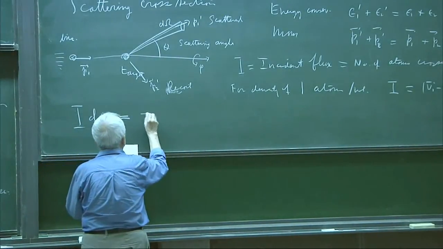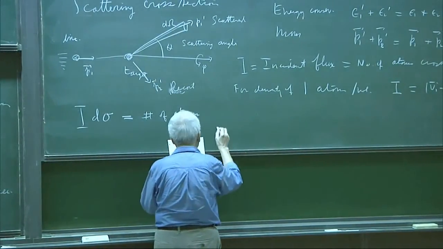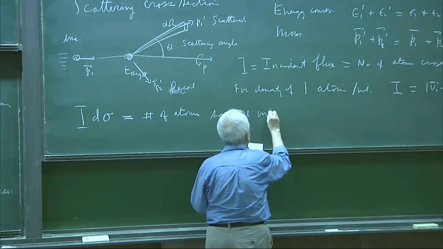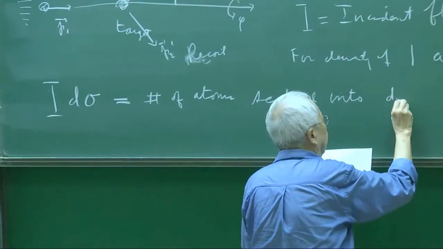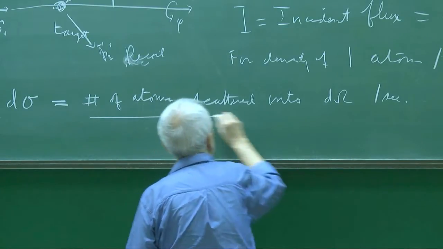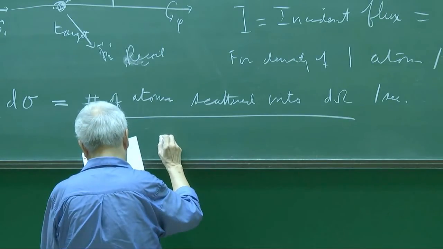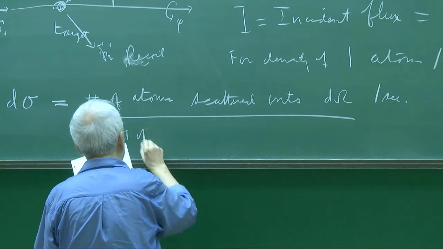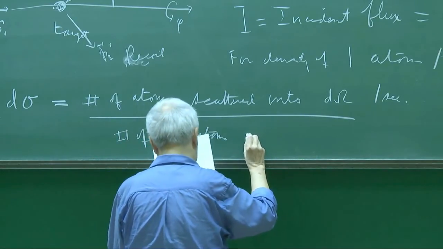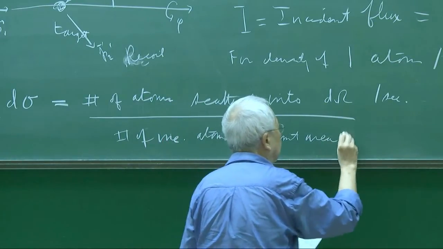It's defined as the number of atoms scattered into d omega per second divided by the number of incident atoms per unit area per second.